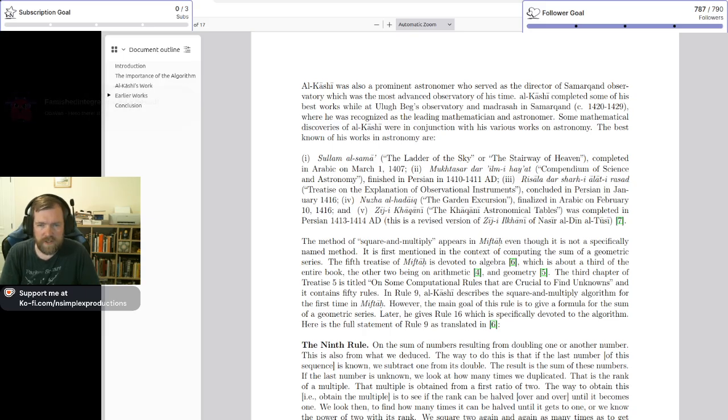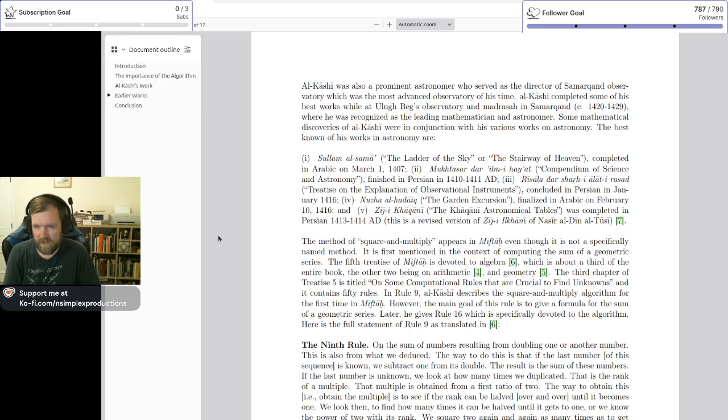First mentioned in the context of computing the sum of a geometric series. The 5th treatise of Miftah is devoted to algebra, which is about a third of the entire book, the other two being on arithmetic and geometry. The 3rd chapter of Treatise 5 is titled On Some Computational Rules That Are Crucial to Find Unknowns and contains 50 rules.